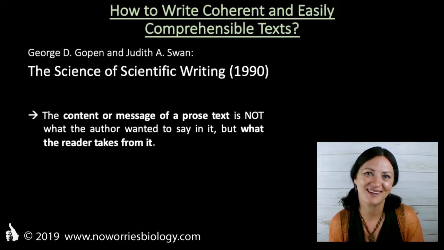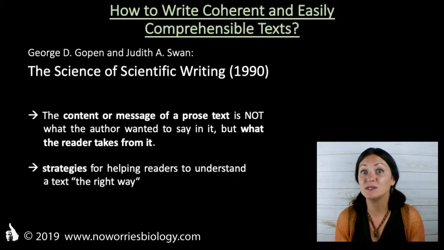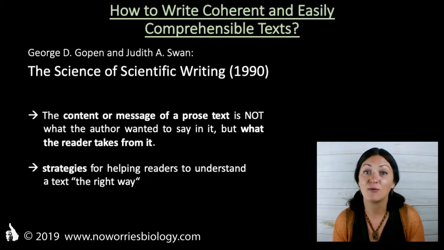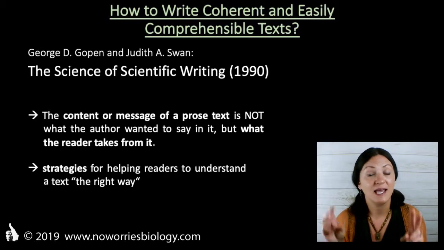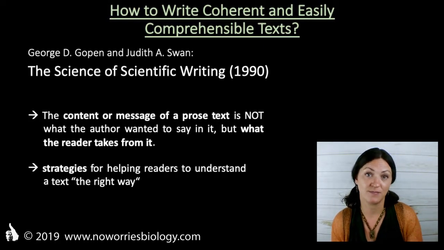In their article, Gopen and Swan then discuss a set of strategies that can be used in writing to help the reader interpret the text and increase the likelihood that the reader will understand the text in the right way. That is, in the way the writer meant it to be interpreted.